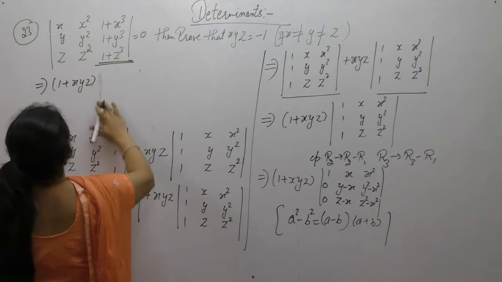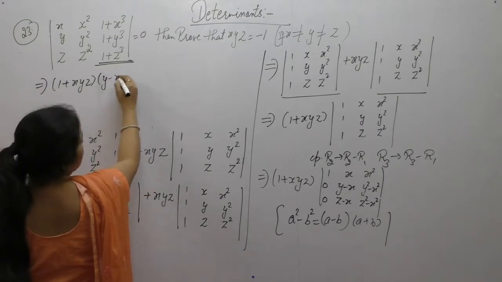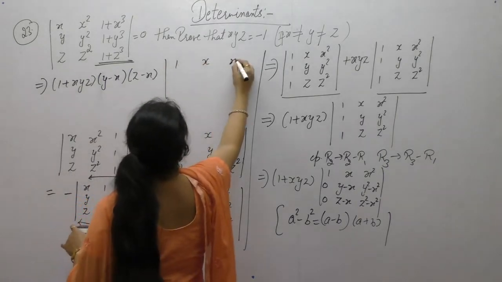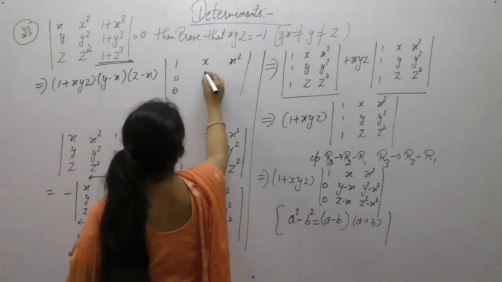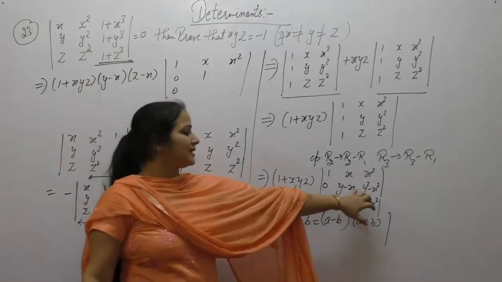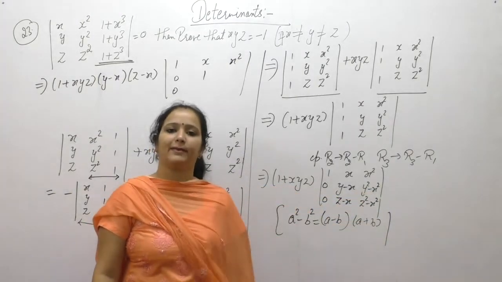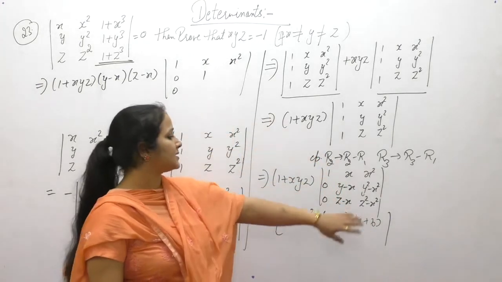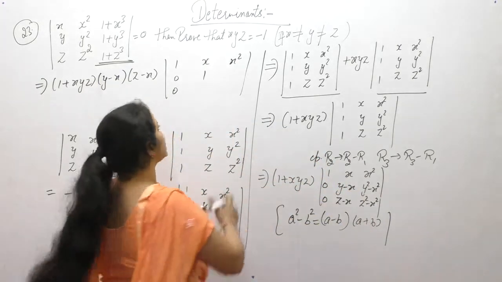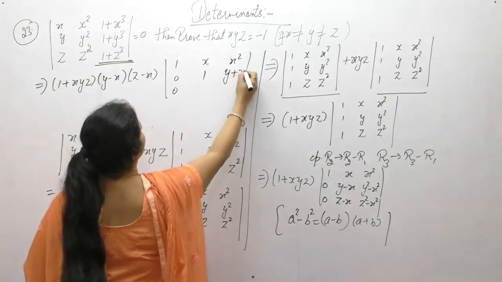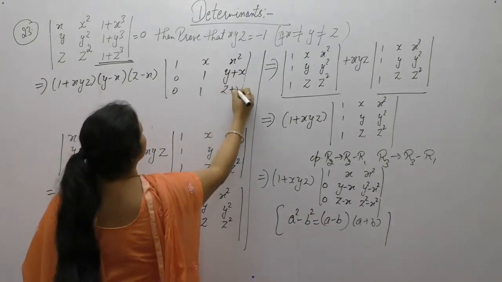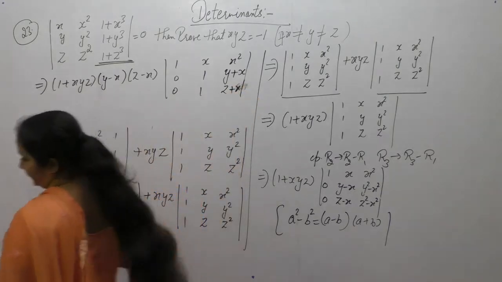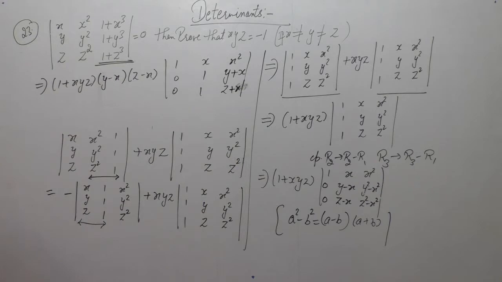Take y minus x common from the second row and z minus x from the third row. Y minus x is common, so here we are left with 1, y plus x. Similarly, 1, z plus x.